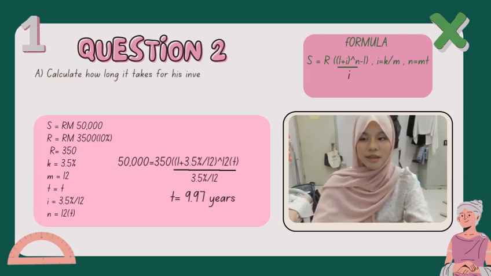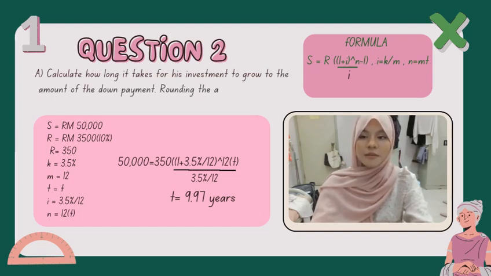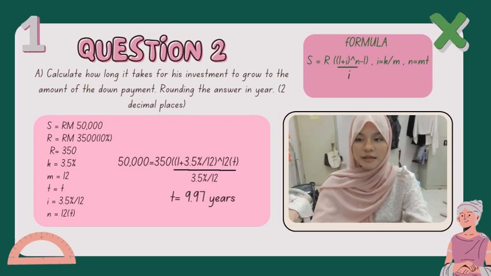Next, for question C, we must calculate the total amount of interest that he paid to the bank. For this question, we'll be using the total amount of interest for annuity to solve this problem. So the formula is I equals nR minus A. So n is equal to 360, R is equal to RM 2026.74, A is equal to 40,000, and I is equal to 360 times 2026.74 minus 40,000.